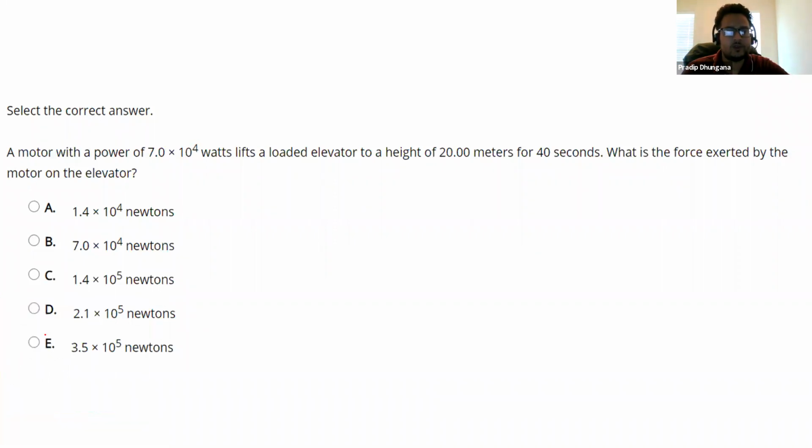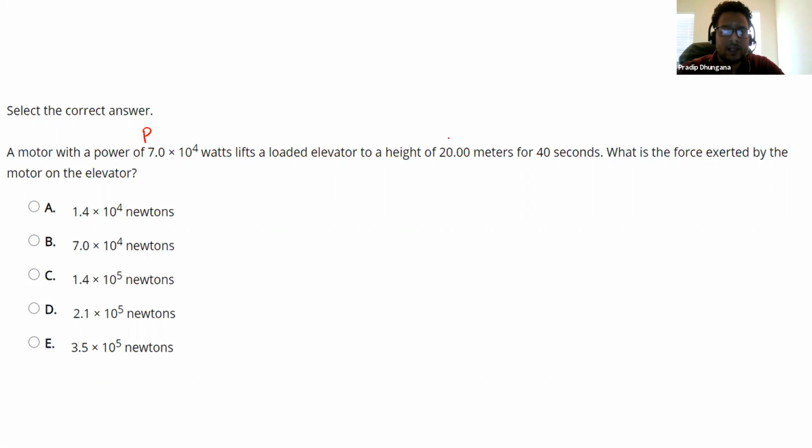For this problem, we'll use the concept of power. Power is the rate of work done over a certain interval of time. Let me read that problem. A motor with a power, we can denote power as P, power of 7 times 10 to the power 4 watts, lifts a loaded elevator to a height of 20 meters for 40 seconds.